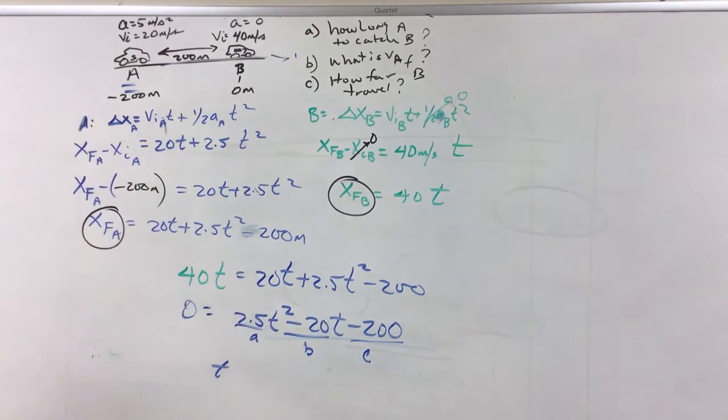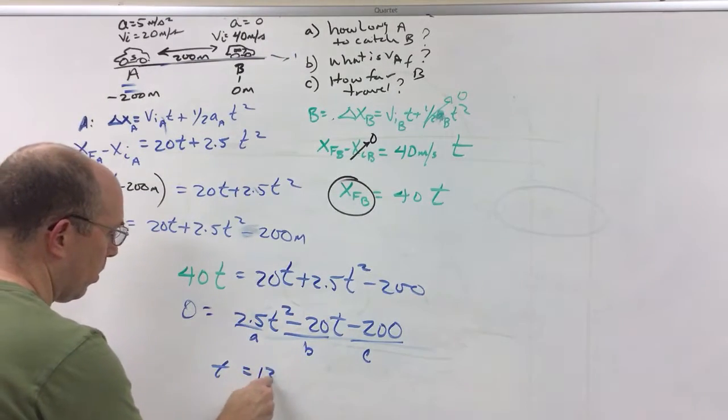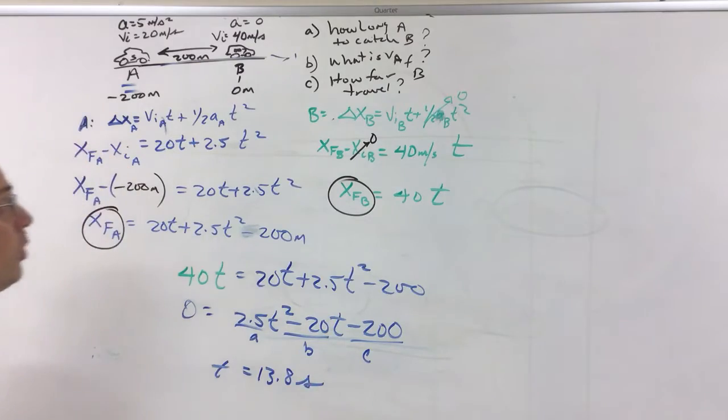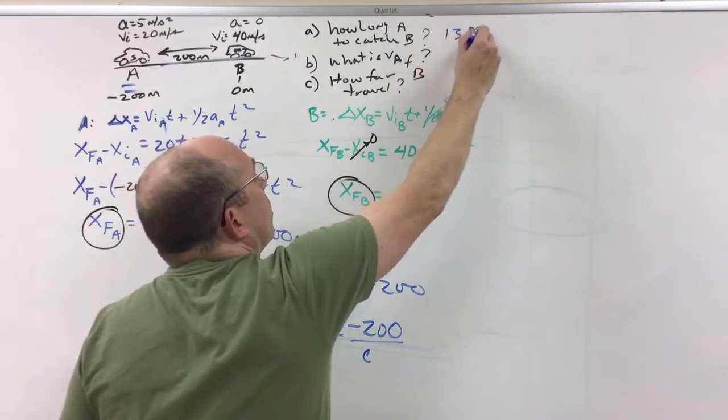So we solve this equation for time with the quadratic, and we get something like 13.8 seconds. Okay, so we answered part A. This is 13.8.